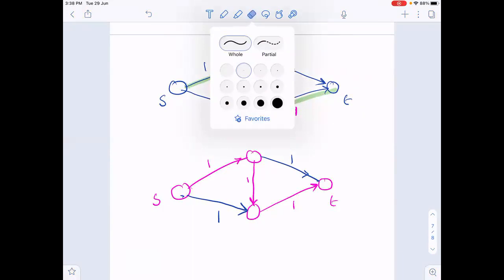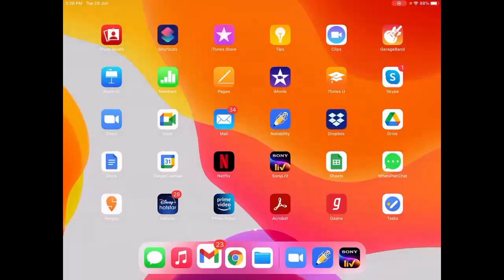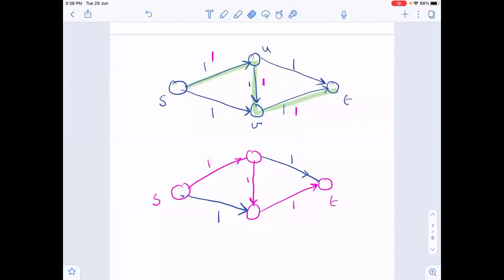Okay. So what happens if I say that, okay, fine, now I push 1 unit from here to here. Now here I can push 1 unit from here to here, and I can push 1 unit from here to here. I know that. But how do I transport 1 unit from here to here?